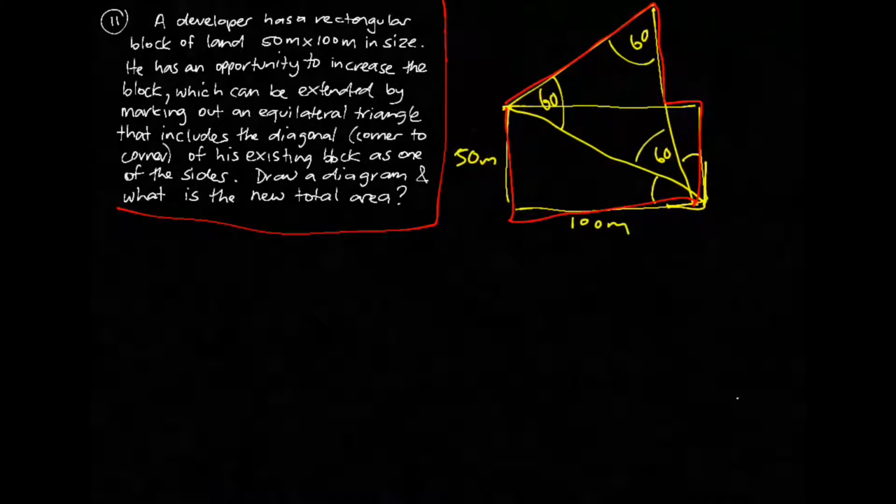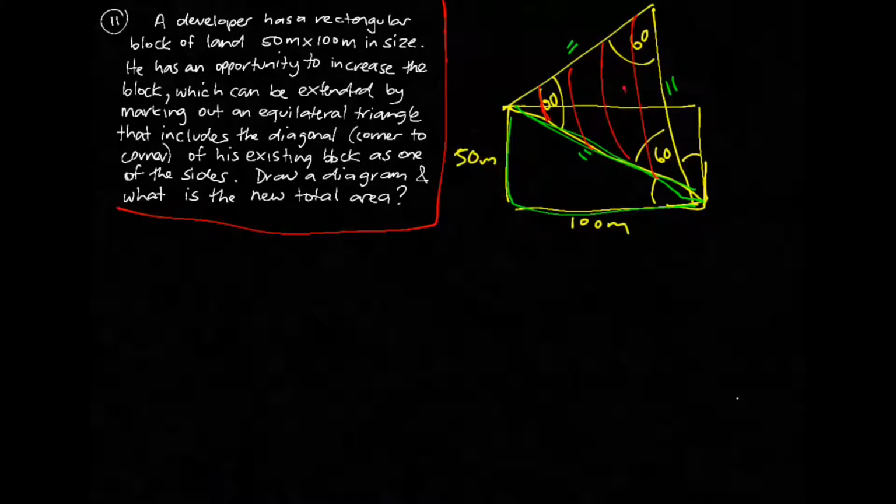What is his new land area if he purchases that new section? So the easiest way, knowing that this is an equilateral triangle, all these sides are equal, so we only need to find the hypotenuse here of this triangle to work out the area of this equilateral triangle.